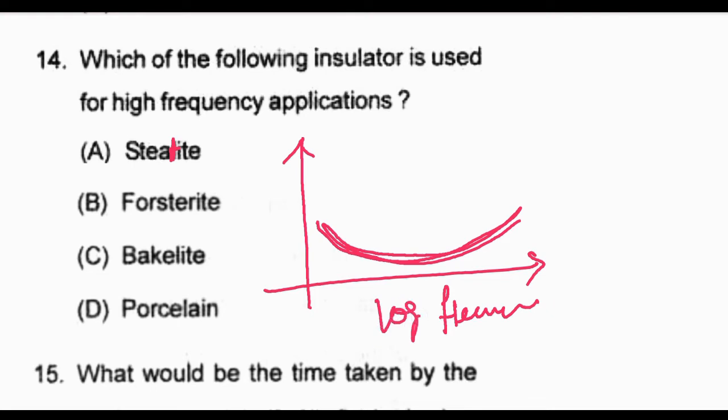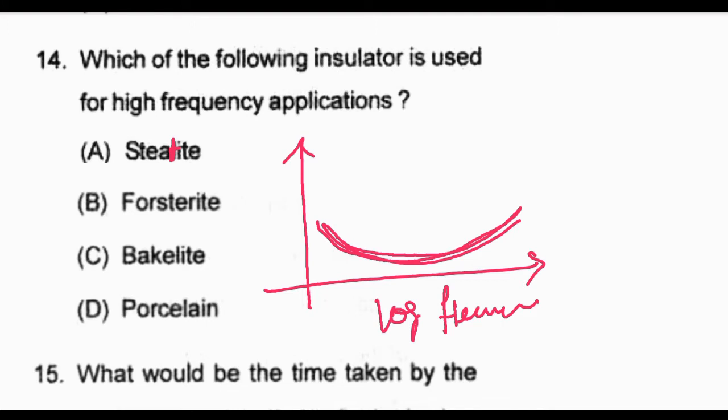That means if frequency increases gradually from the initial value, the tan delta will be higher, then it will decrease at the mid frequency, and at the higher frequency this will be a higher value. So at higher frequencies the tan delta value is generally high.